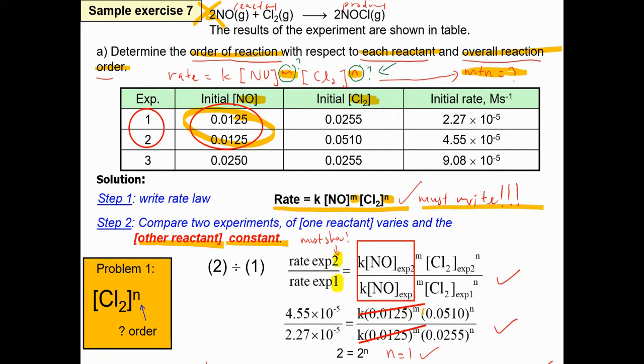After you cancel, why do we choose the same? Because we want to cancel out the same concentration and only focus on one order. So then we get n equals 1. Thus the order of reaction with respect to chlorine, you must mention whether it is chlorine or nitrogen monoxide, equals 1. And you must write the sentence. Most students just write n equals 1 and leave out the sentence.